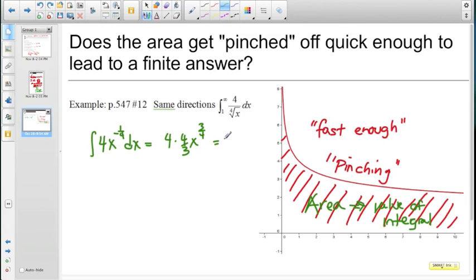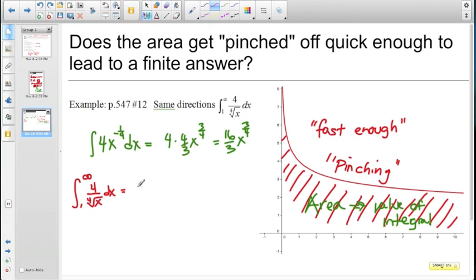So when we integrate this, we get 16/3 x to the 3/4. So that's the integral of that expression. And so what we're looking at is the expression from 1 to infinity of 4 over the fourth root of x dx.